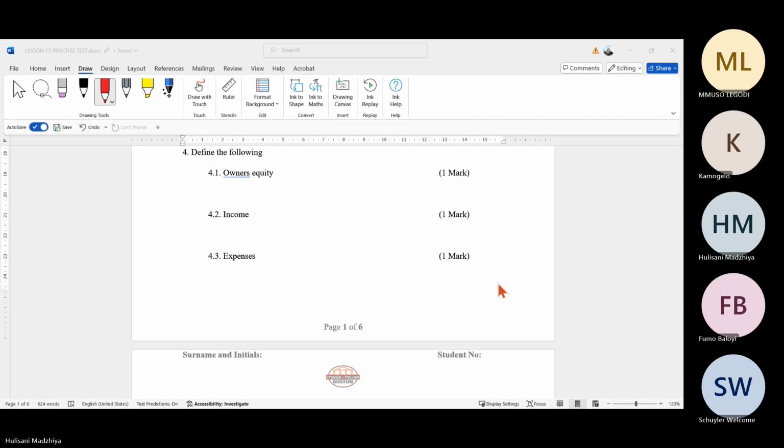Kamogelo, you wanna try? Okay, I understand that Kamogelo maybe is in a place where she cannot use a microphone since she is using the chat section. Let's hear Paloi. Would it be money coming into the business?